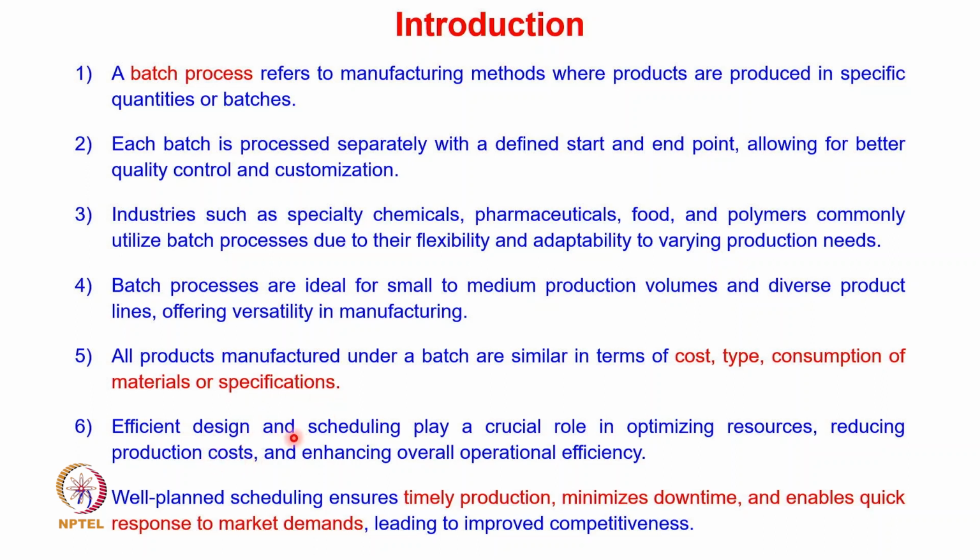Efficient design and scheduling play a crucial role in optimizing resources, reducing production cost and enhancing the overall operational efficiency. Well planned scheduling ensures timely production, minimizes the downtime, and enables quick response to market demands, leading to improved competitiveness.